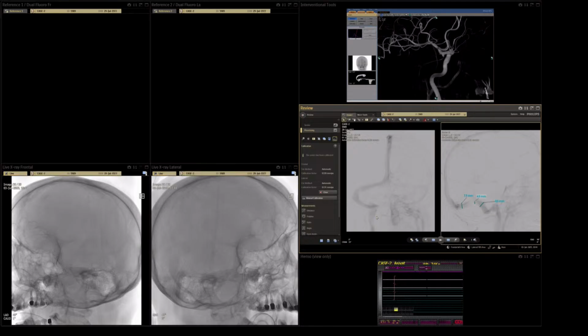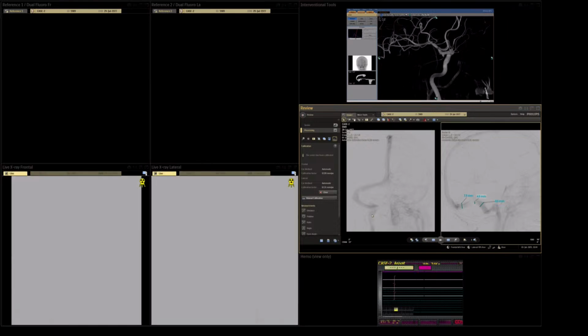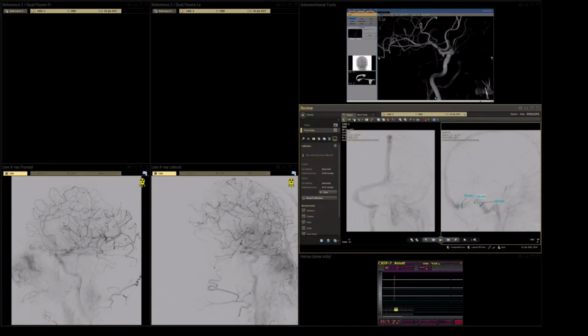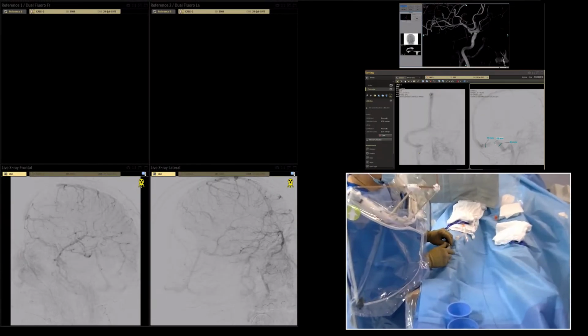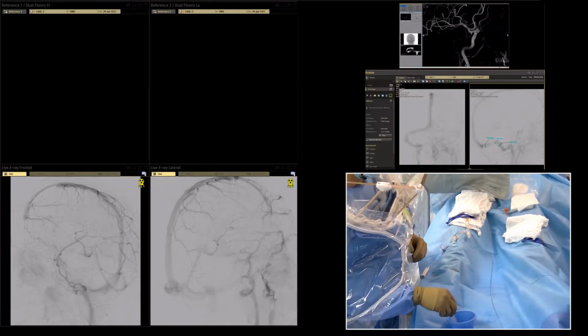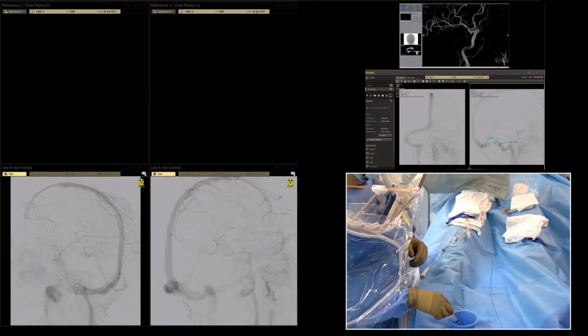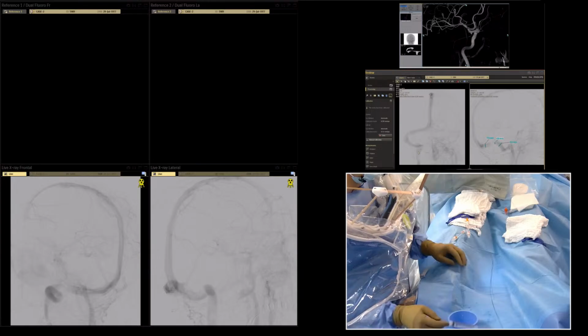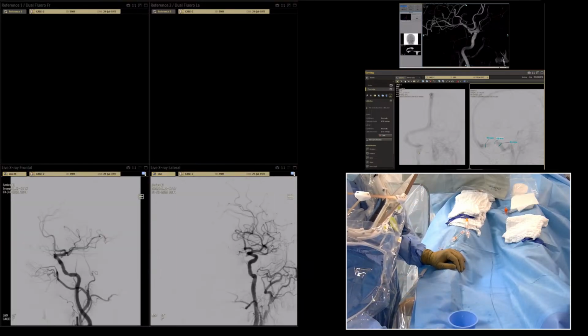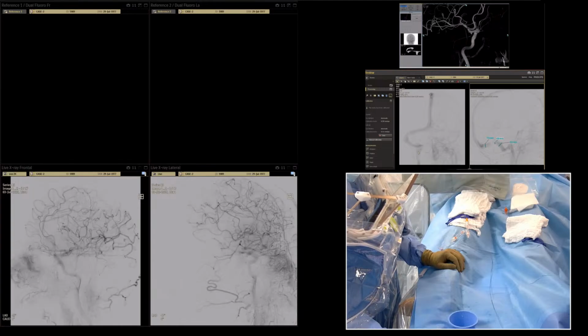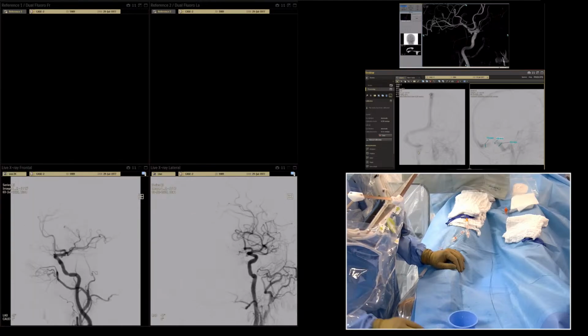Let's do it like this. Yes, with the stent in the artery there is no problem.